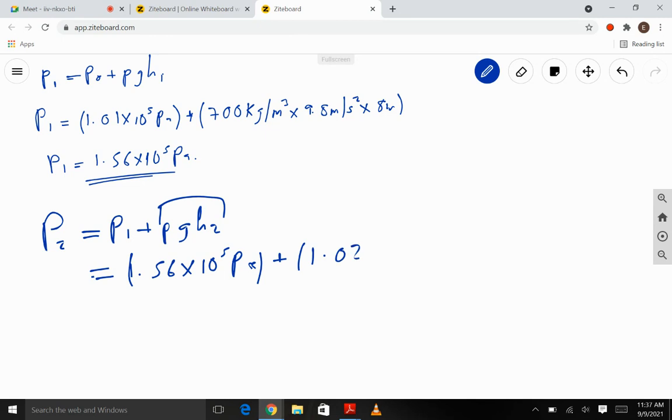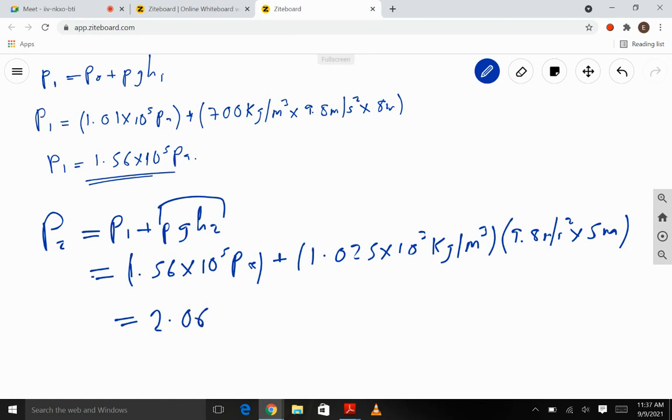So it's going to be 1.025 times 10 to the power 3, times 5 meters. So this 5 meters, then we are going to find the value, which is going to be 2.0.